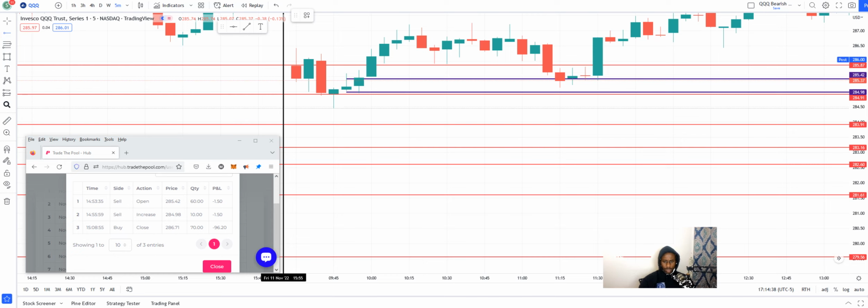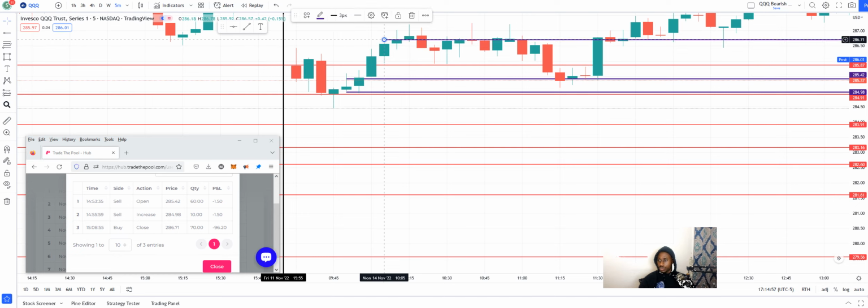So at 10:08, I closed this trade for a $96 loss at 28671. 10:08 would be within this candle, so 28671. So that's when the market truly began to run against me in that direction.